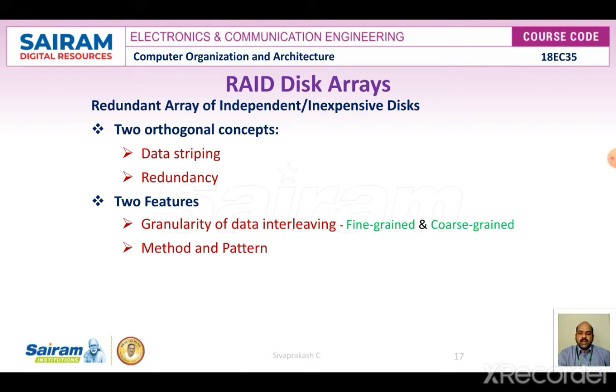The second one, coarse grain, allows multiple small requests to be serviced simultaneously if each of them involves a small amount of data.